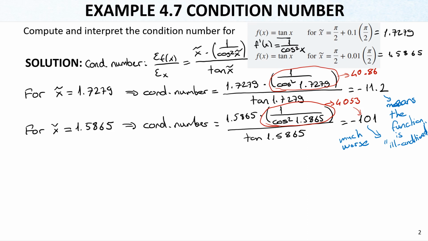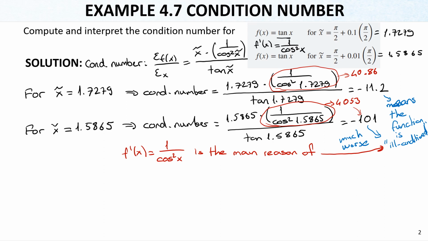So we can say the derivative 1 divided by cos square x is the main reason of having an ill-conditioned problem or approximation, let's say.